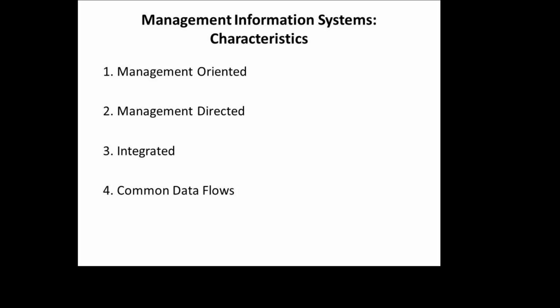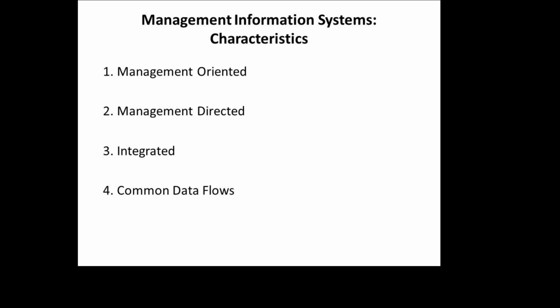Next one is common data flows. It means that as a single entity, from the perspective of an integrated MIS, there should be a common data flow for an organization. In some cases, duplication is necessary in order to ensure an effective information system.